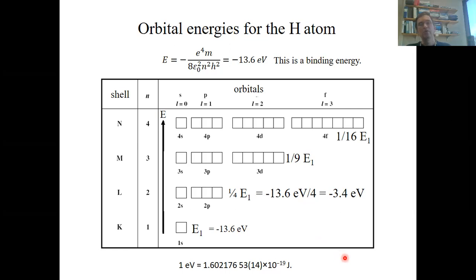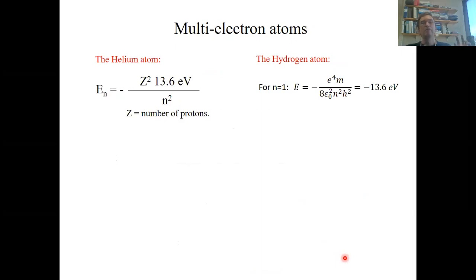But now let's go from the orbital energies of the hydrogen atom to the orbital energies of multi-electron atoms, and we'll see that the situation will be different then. We will understand shortly why.